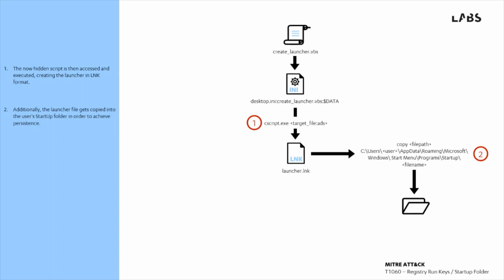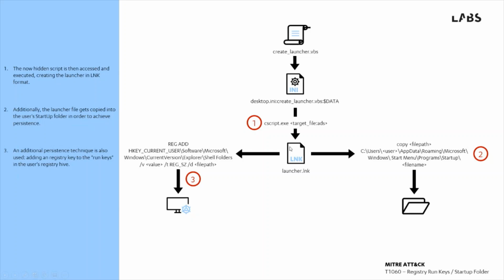The launcher file is going to get copied to the user startup folder, which is a common way of achieving persistence in a system, and at the same time it will also add a registry key to the user registry hive, under the Explorer shell folders with the startup value, and it's going to point that registry key to the path where this launcher is stored.